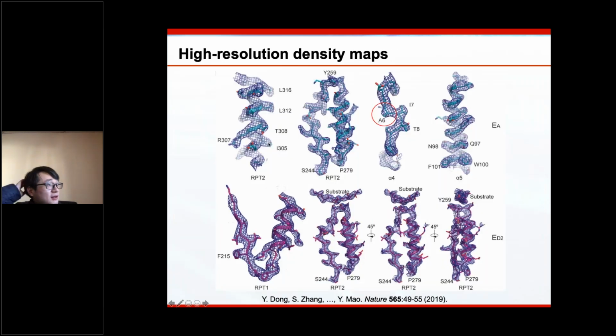So just briefly, let me go through some of the local densities in some of the states. For example, the EA state we reconstructed to pretty good resolution, where you can even see the alanine residue side chain. Also, the ED2 is not too bad. You can tell many of the moderate size, even some of the small size side chains.